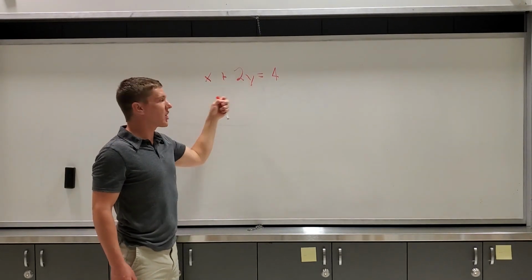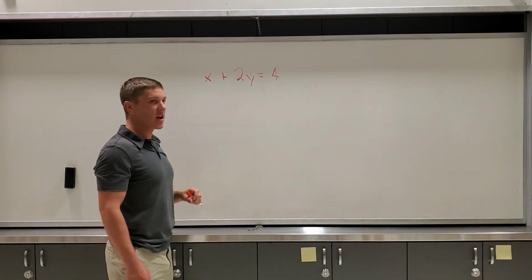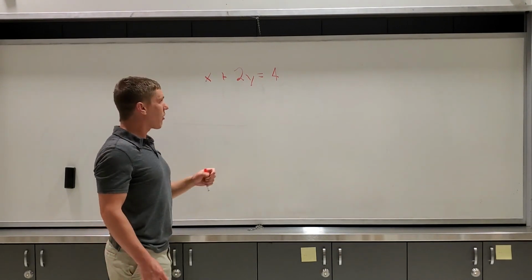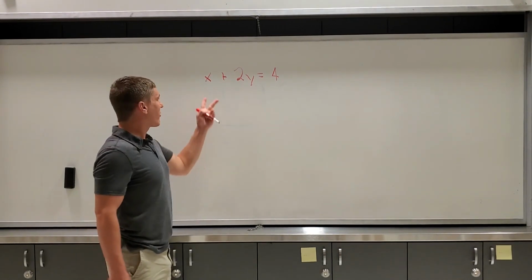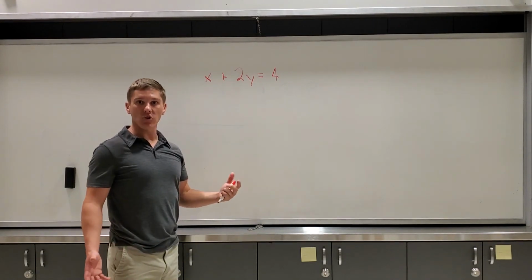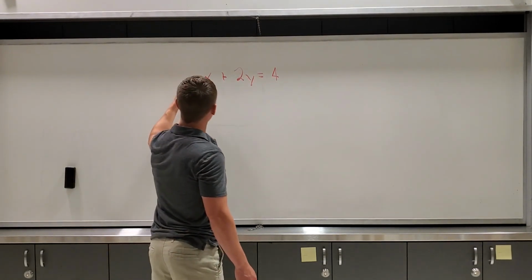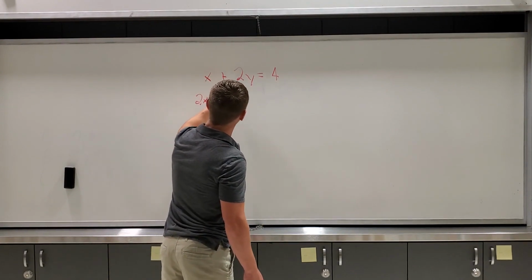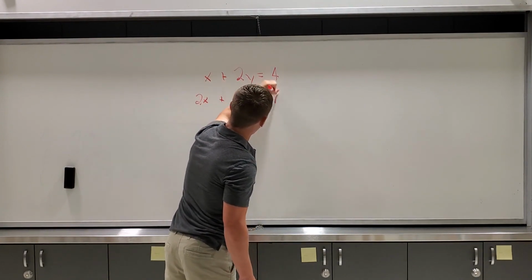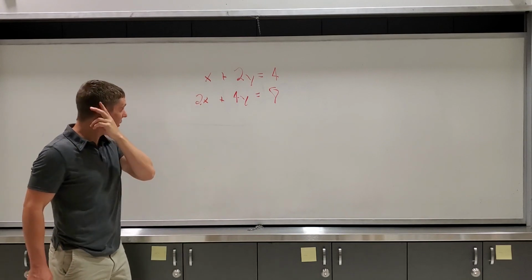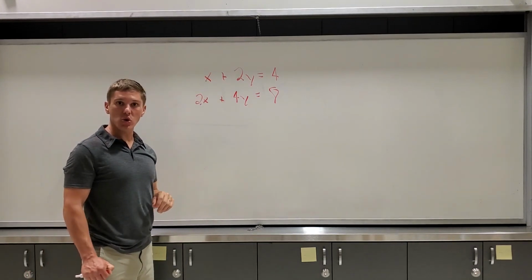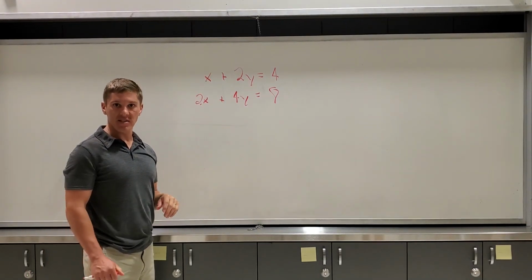So I have an infinite number of solutions to this particular equation. If I wanted to solve for one particular solution, if I have two variables, I need two equations. So if I were to have a second equation that was 2x plus 4y is equal to 8, you would say, okay, now I have two equations, two unknowns, and I can solve this system of equations.